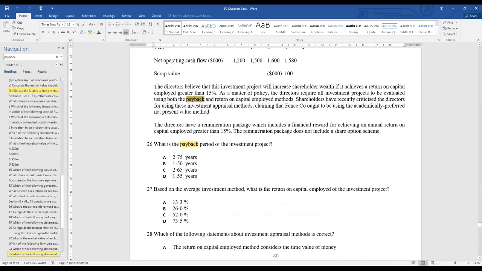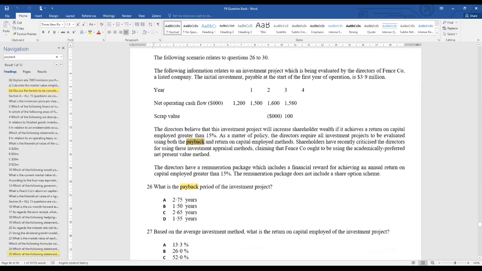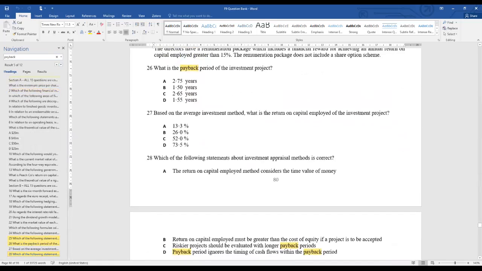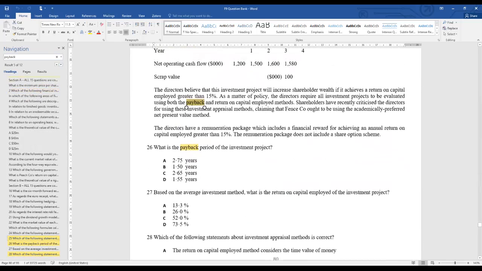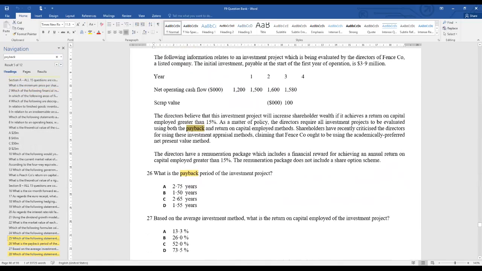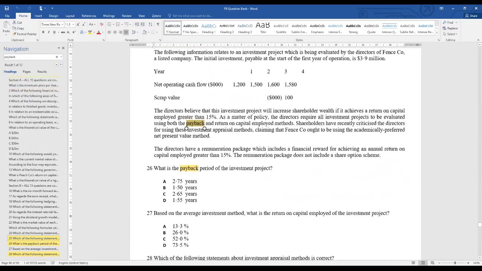Yes, we can do this. This is page 80, as per my question bank, a company called Fence Company.